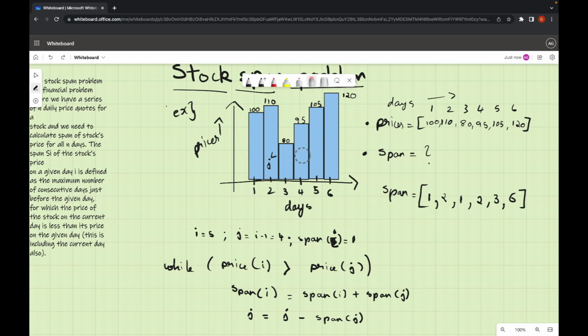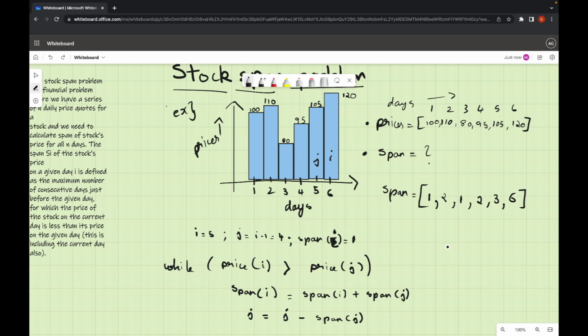Okay. Now let's start. Let's take the 6th day. So your j will be 5, because we initialize it as I minus 1, and you initialize your span on day 6 as 1.